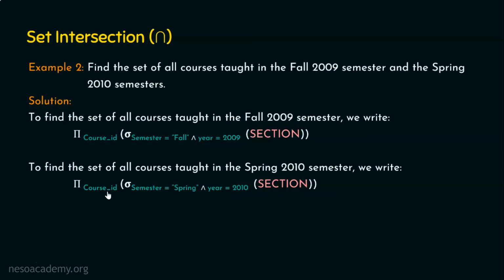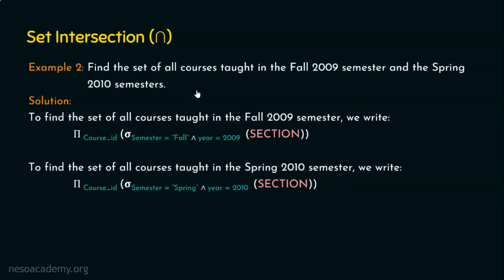Now we have two relations. This is relation 1 and this is relation 2. And what are we required to find? We are required to find the set of all courses taught in the fall 2009 semester and the spring 2010 semester. It means the course should be there in both fall 2009 and spring 2010.